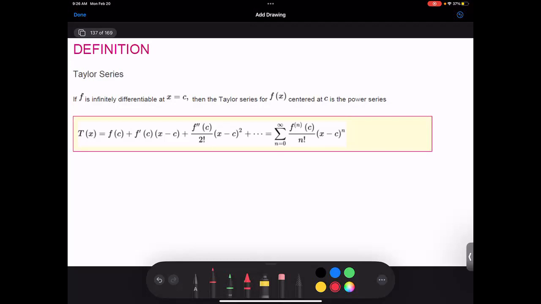So what's the first question you have when you see this infinite sum? What's the first question you should ask when you're given an infinite sum?